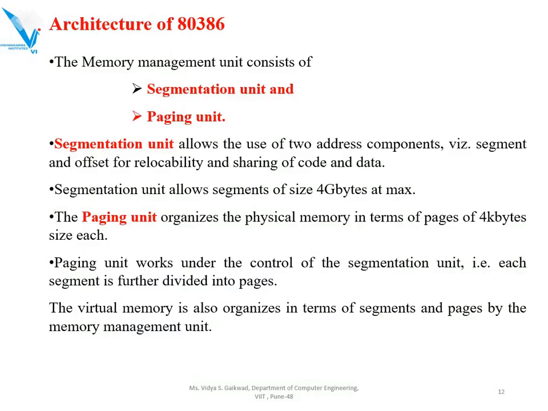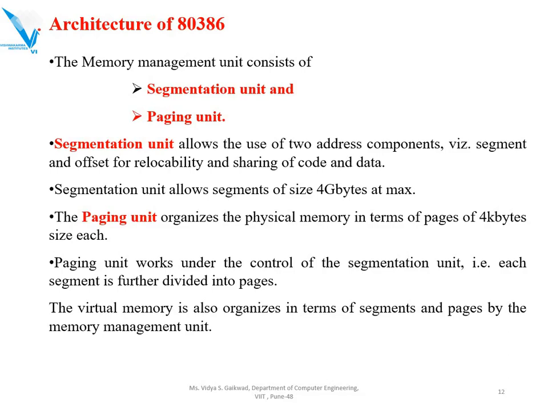The memory management unit, that is MMU, consists of segmentation unit and paging unit. Segmentation unit allows the use of two address components. The first is segment base address and the next is offset for relocatability and sharing of code and data, right? So whenever we want to relocate the data or we want to share the data, at that time we need a segment base address plus the offset address, okay?